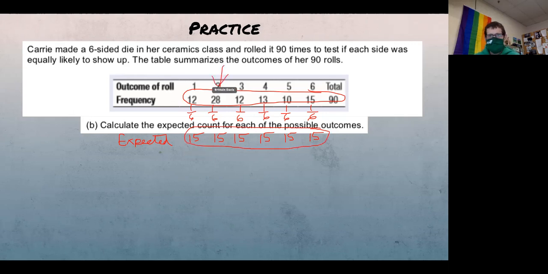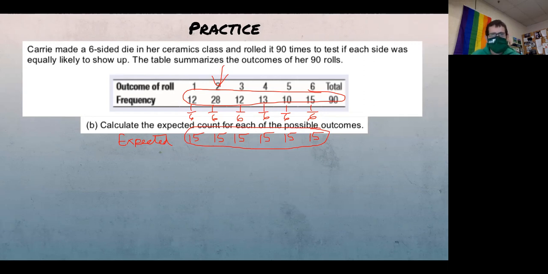Now, is it so far out of what we might expect from randomness that we have to reject that it's a fair die? Or is that something that could happen? 90 rolls and you get one number 28 times. That could happen, even with a fair die. So we're going to mathematically determine if this is something we would want to reject, that it is a fair die.